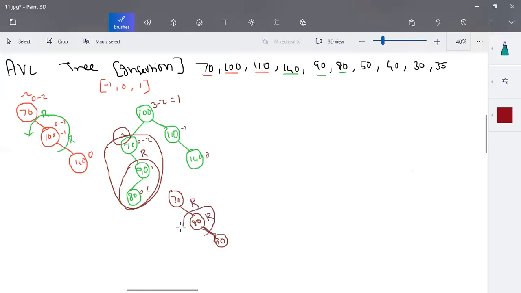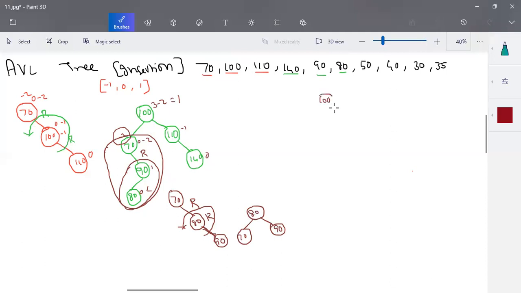So how can you perform RR rotation? An anti-clockwise rotation to be performed. Okay, so 80 will remain as it is, 90 will remain as it is, and this 70 will be pulled down. Okay, 70 will be pulled down to the left side child for 80. Okay, so now we have to insert that into this branch.